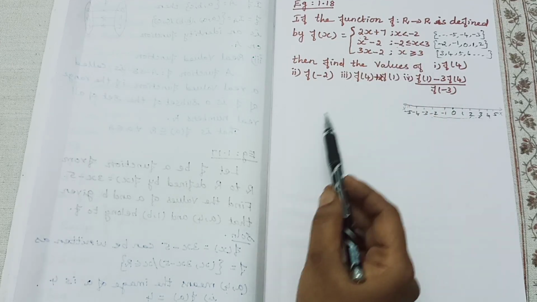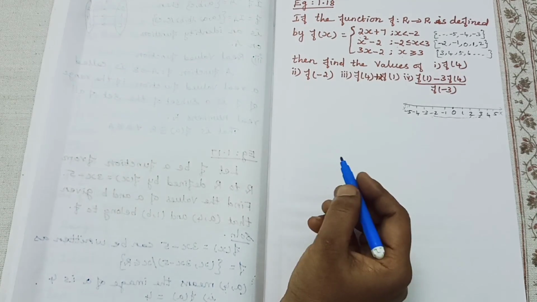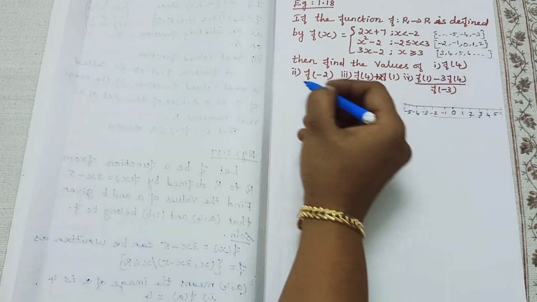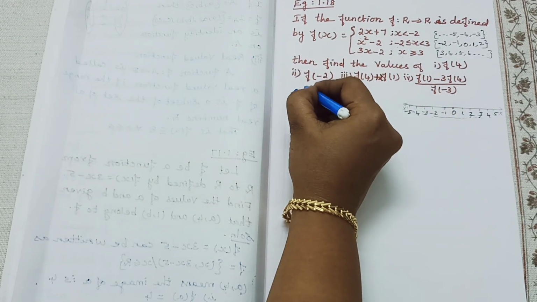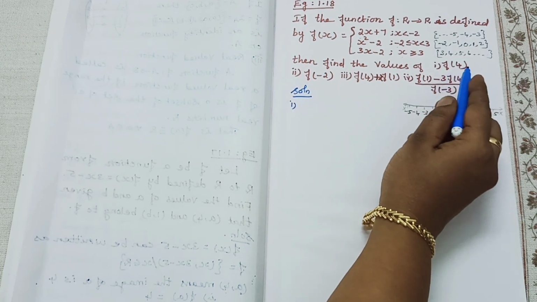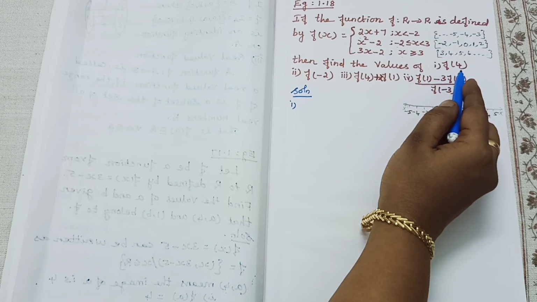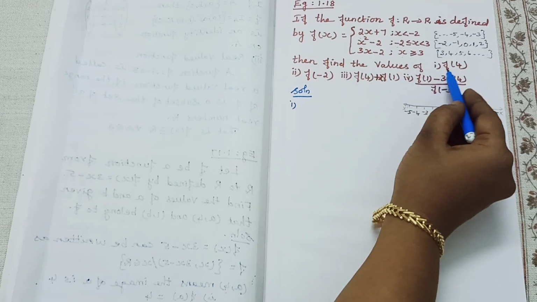We have to check here. Where is 4? In the third interval, isn't it? First interval, check it. Is 4 available here? No. Second one? No. Third one? Yes. So we have to take this f of x.